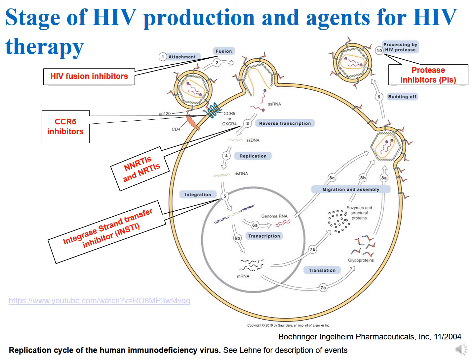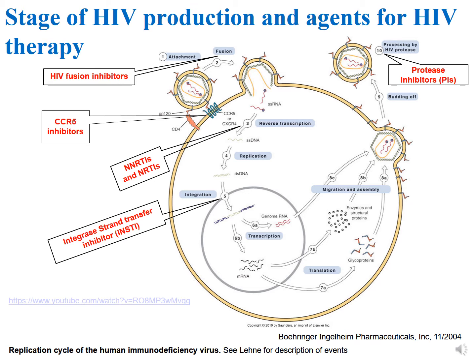So first, you have drugs that can block the fusion of the virus with the host cells. You have the CCR5 inhibitor that will block the attachment of the virus to the surface of the cells. Then you have the NNRTI and the NRTI that block the reverse transcriptase.